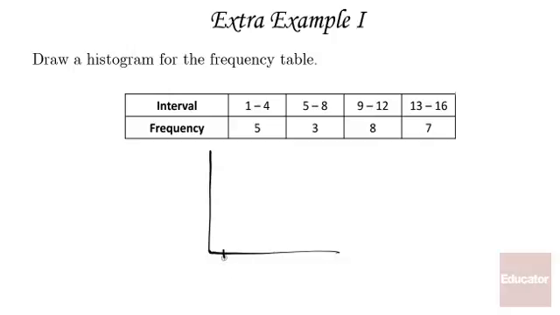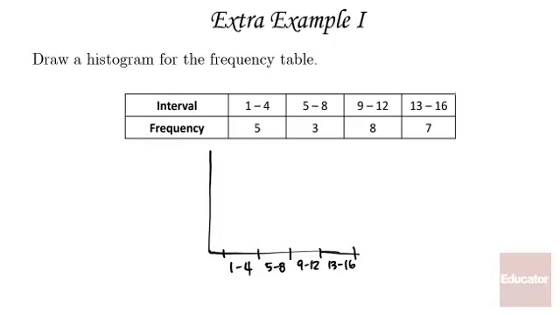I have 4 different groups, 4 intervals, right? So 1, 2, 3, and 4. This will be 1 through 4, this will be 5 through 8, 9 through 12, 13 through 16. The frequency is going to be here.